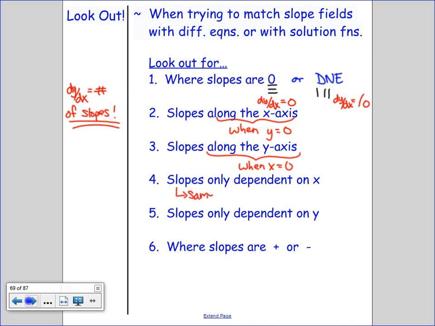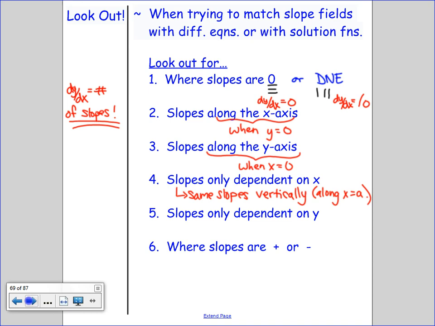But I'm going to say same slopes vertically, I apologize. I'm going to put an ambiguous x equals a because I can't tell you exactly what x is going to be. But for all the x equals 1, x equals 2, x equals 3, those are all vertical lines. And along those vertical lines, if the dy dx only has x's, all those on the vertical line will be the same.